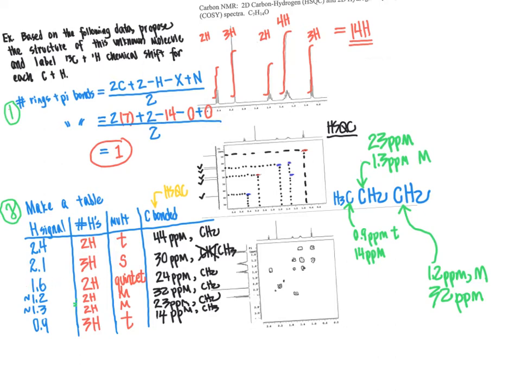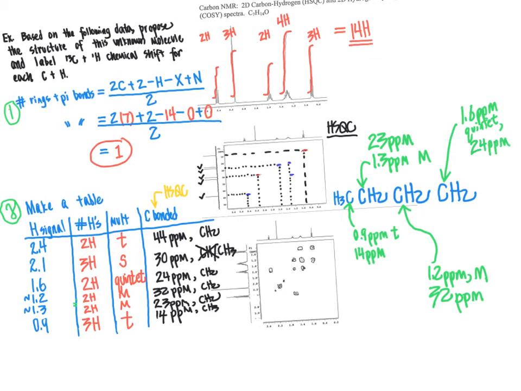So, and that's a CH2. So I'm going to go ahead and plug that in here. Yet another CH2. And go ahead and label this as our signal that is at 1.6 ppm. It was a quintet, meaning split into 5, and its carbon signal was at 24 ppm. So I'm going to go ahead and plug that in, 24 ppm.